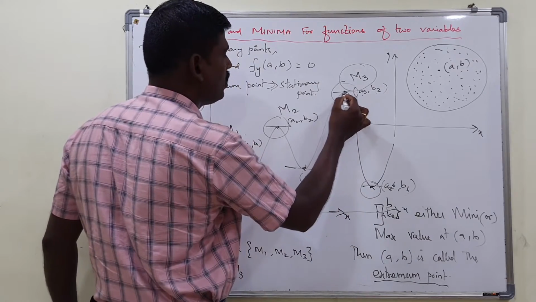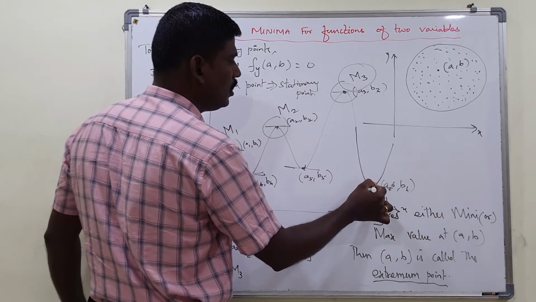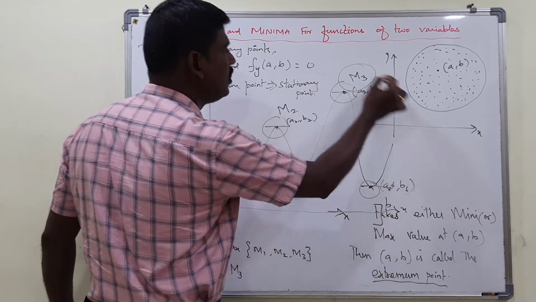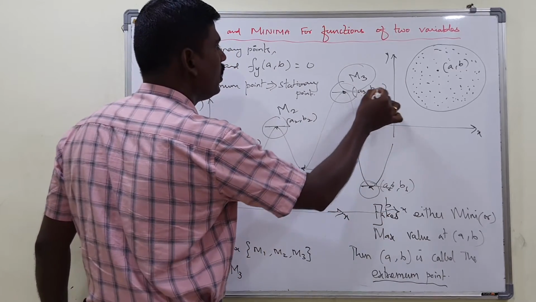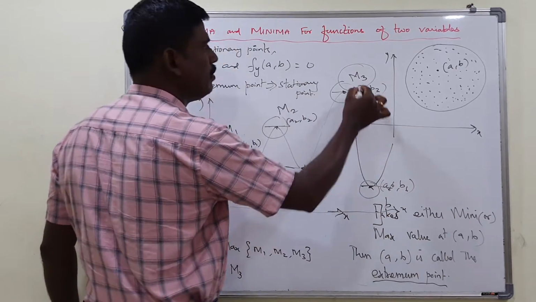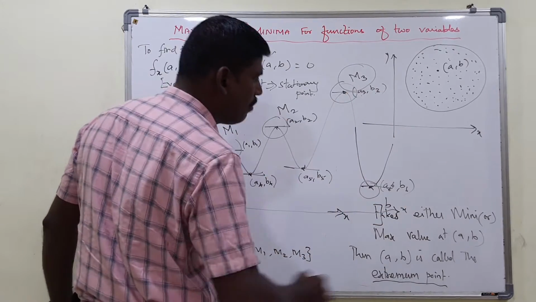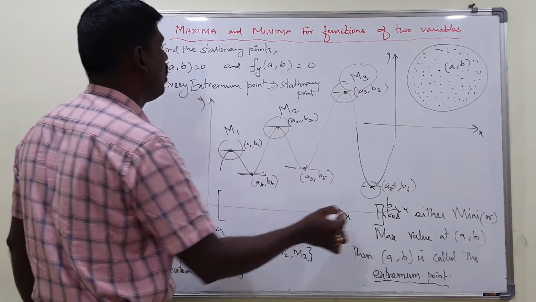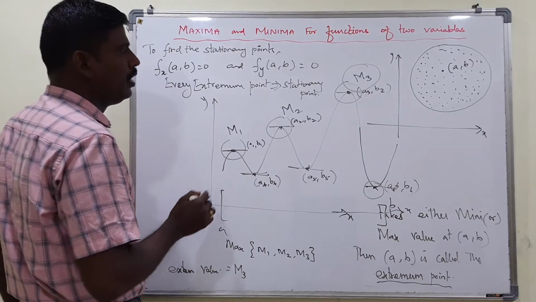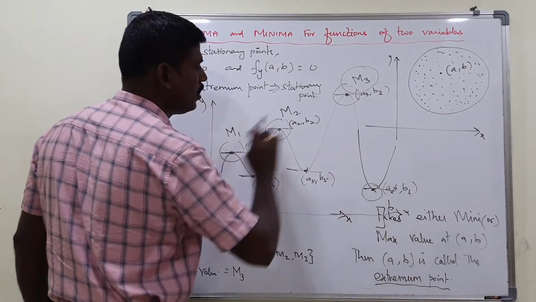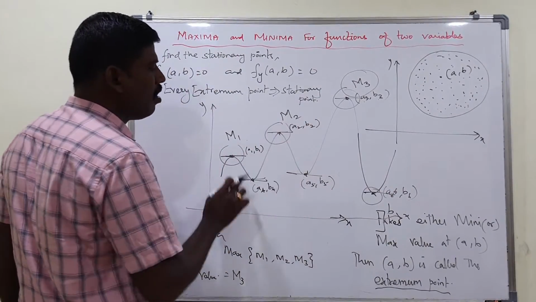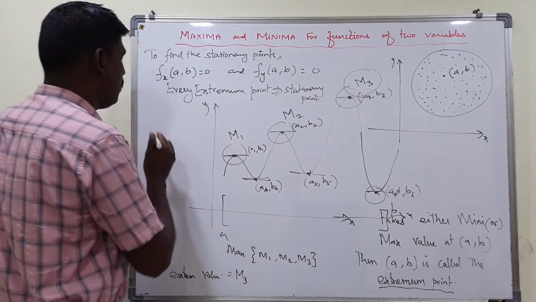Simply, we call this the overall maximum point and this the overall minimum point. So these 2 points are called extremum points. Every extremum point is a stationary point, but not all stationary points are extremum points.